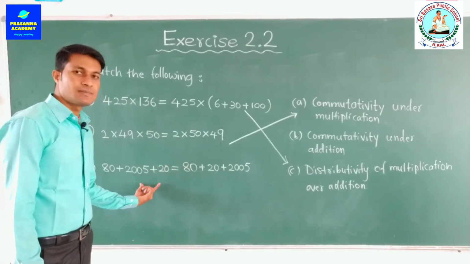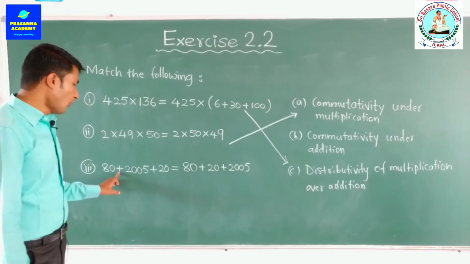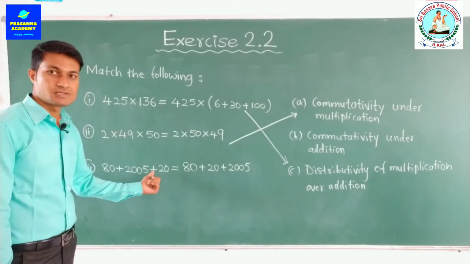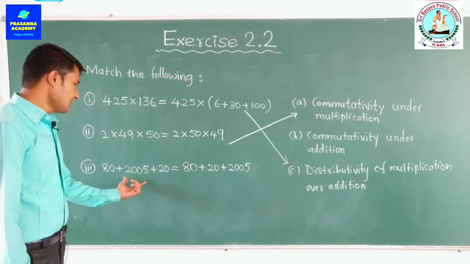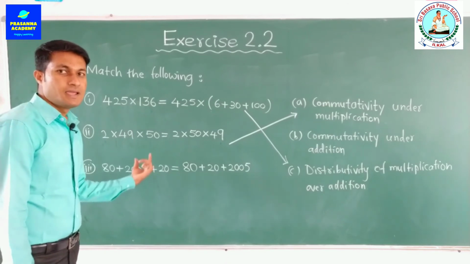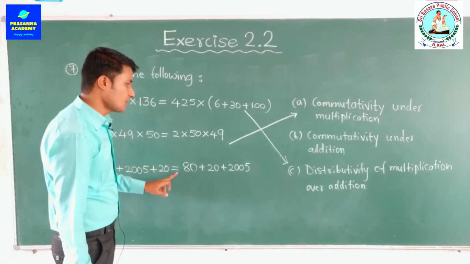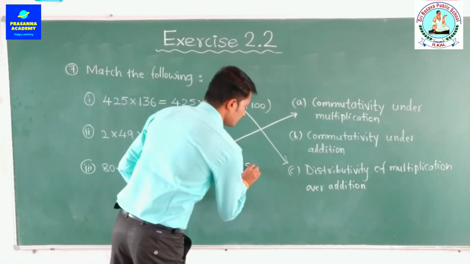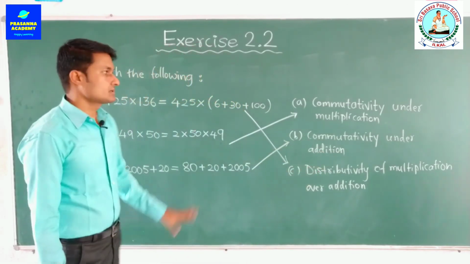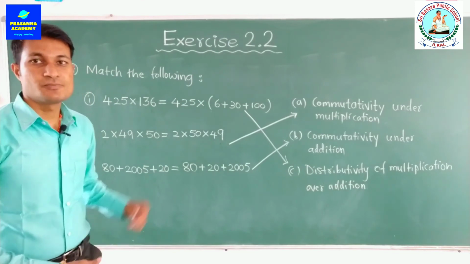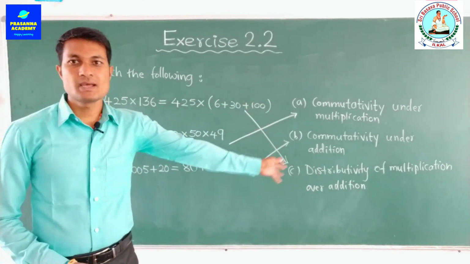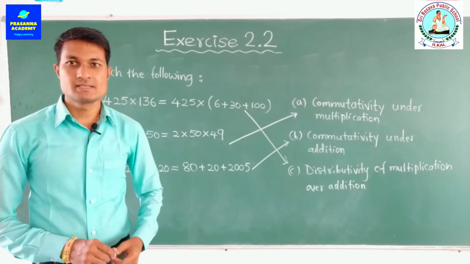So it is commutative property, but the operation they have performed here is addition, so it is commutative property under which operation? Under addition. So the correct match for this third problem is this one. So it is commutativity under addition. So this is how we need to match the items which are given on the left side with the items which are given on the right hand side.